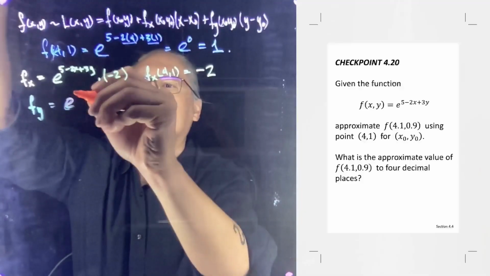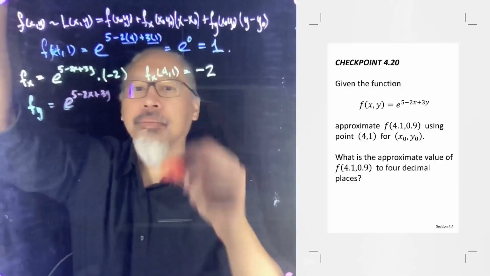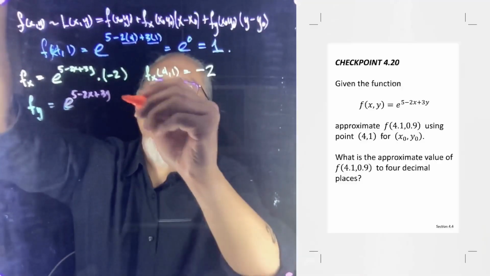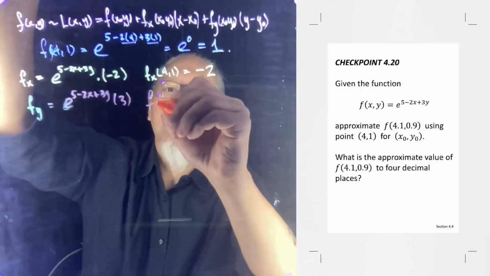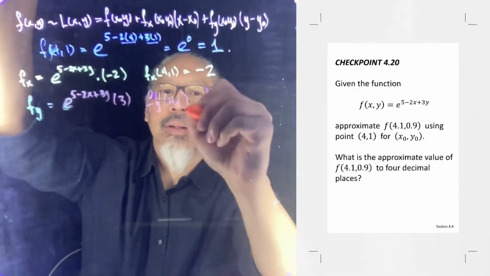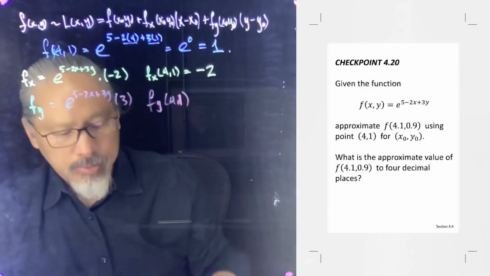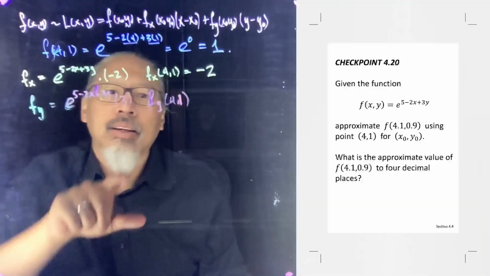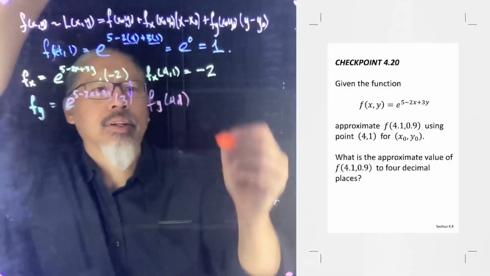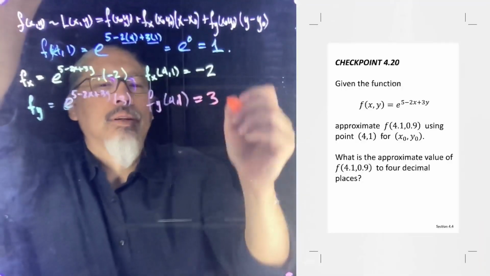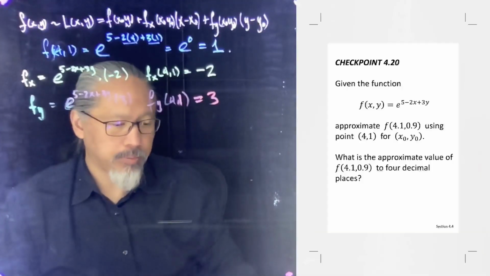We're going to get e to the 5 minus 2x plus 3y times 3, and again, like we saw before, f sub y of 4, 1, the exponential function evaluated at 4, 1 is going to be 1, so this is just going to give us a 3. And then that is our f sub y term.